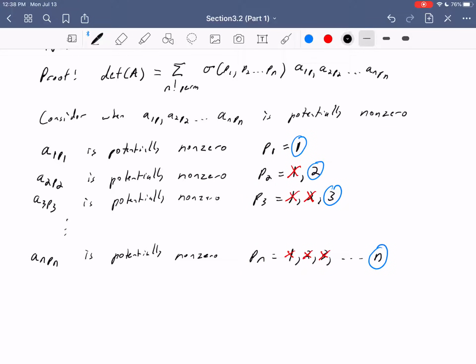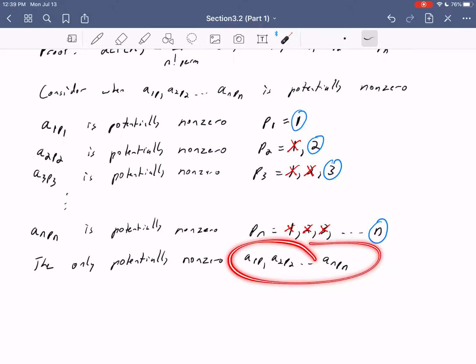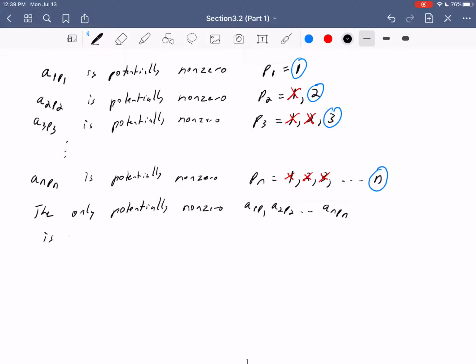So what we've just figured out is the only potentially non-zero A1, P1, A2, P2 through AN, PN. The only potentially non-zero product of those elements is when you have permutation 1, 2, 3, down to n.